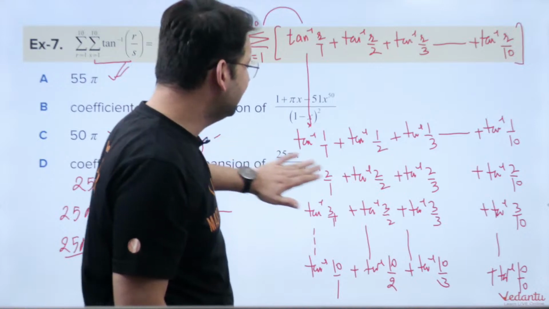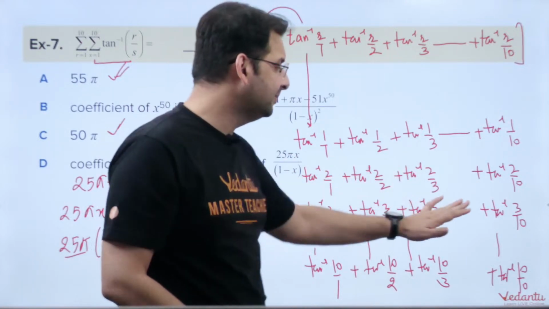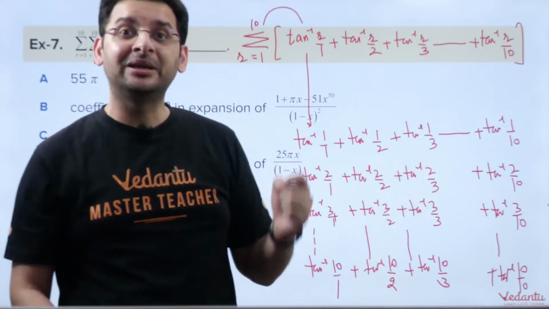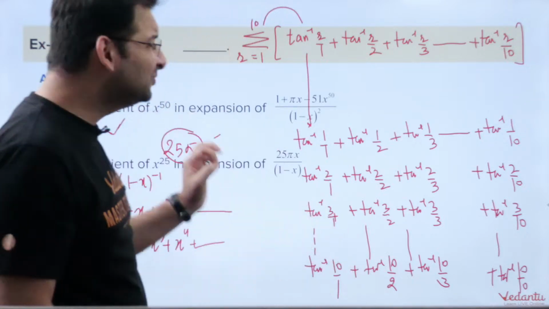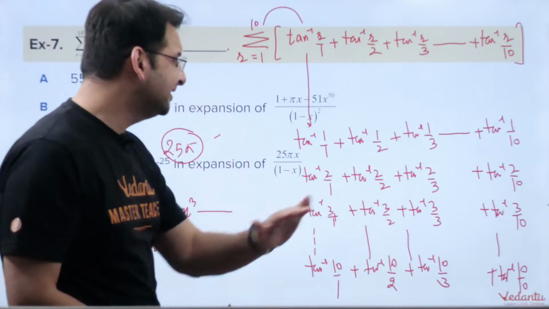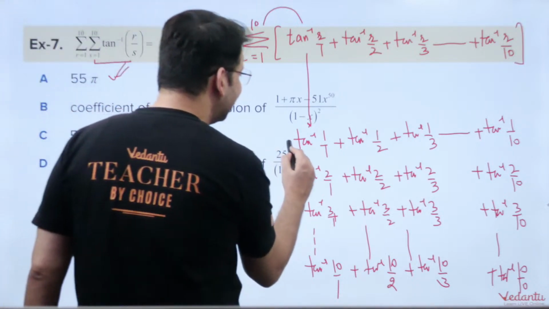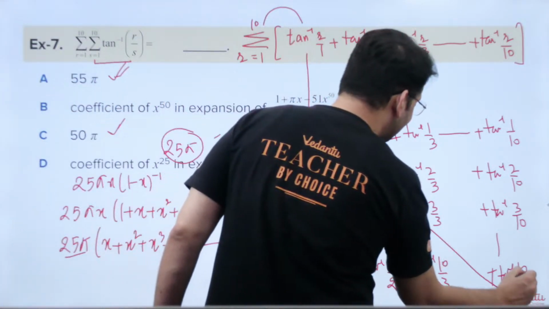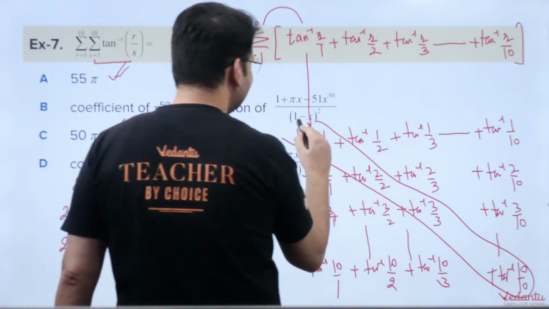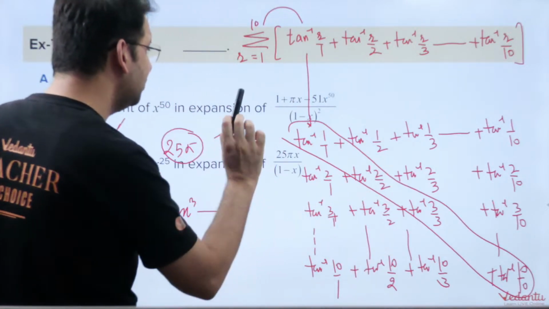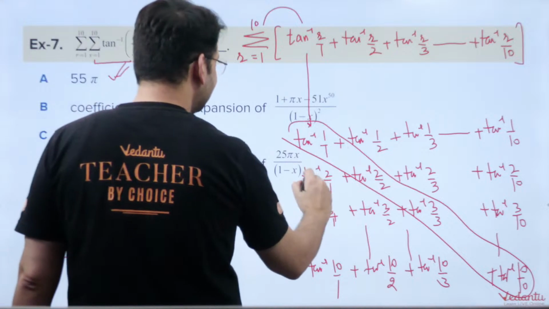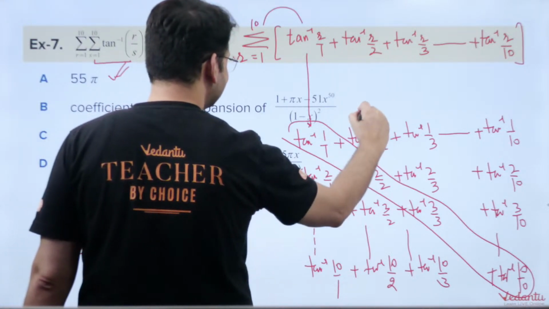First row 10 terms, second row 10 terms, third row 10 terms, a total of 100 terms have to be combined. Now guys, this is very simple. If you are able to identify this matrix, you should see that apart from this diagonal, every other term is going to be the reciprocal of another term. For example, the reciprocal of this term is going to be this.